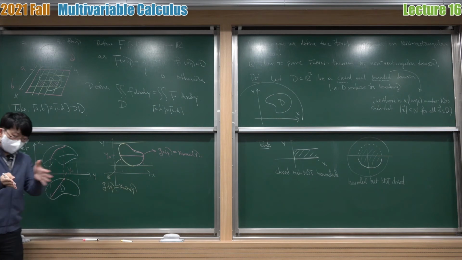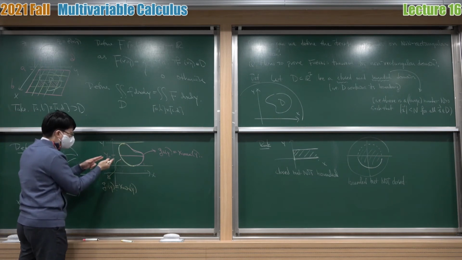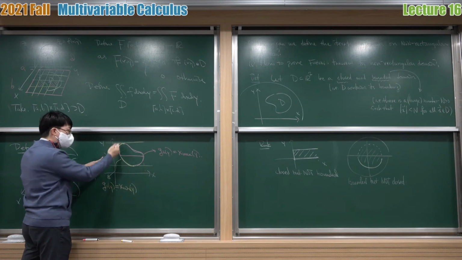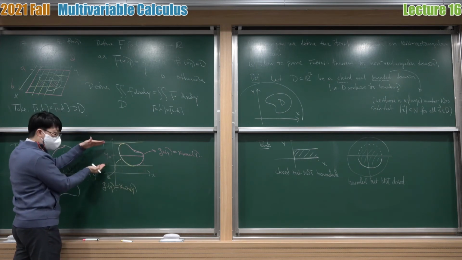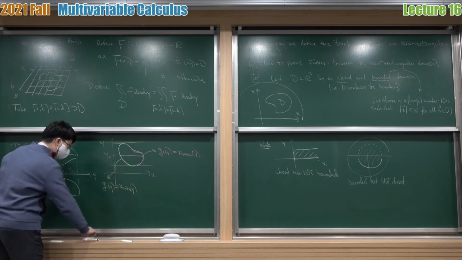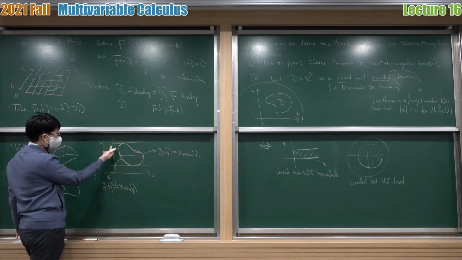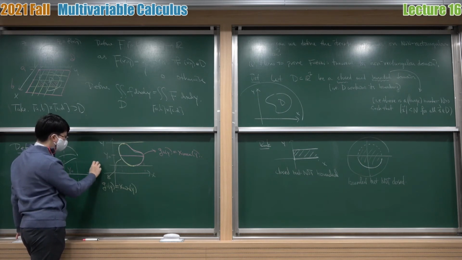So the idea of the iterated integral, again, is to integrate over x first by fixing y, and then change y and integrate. So let's say our minimum and maximum value of y is here.